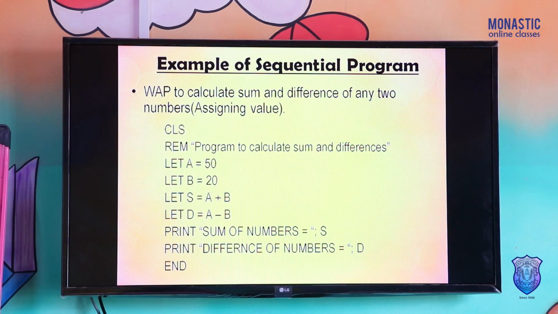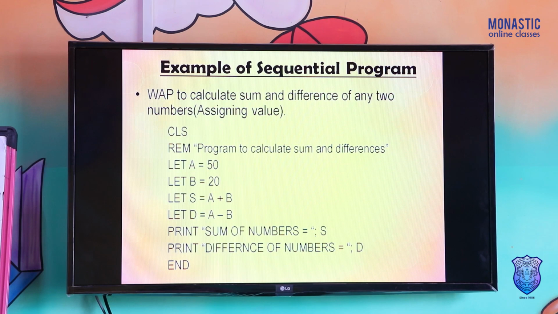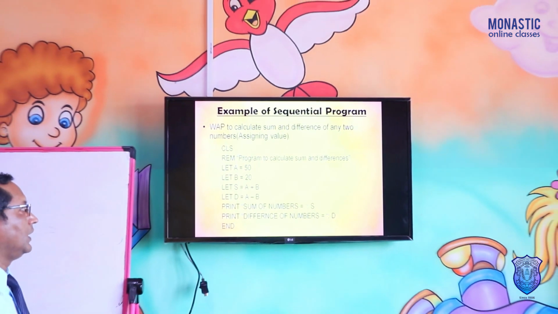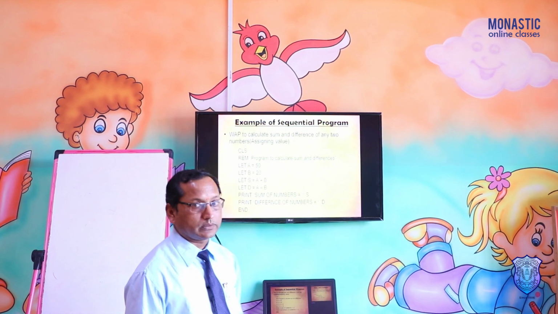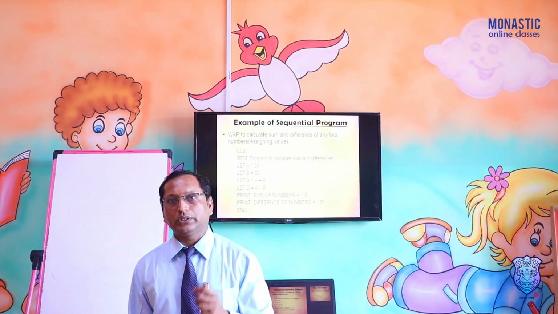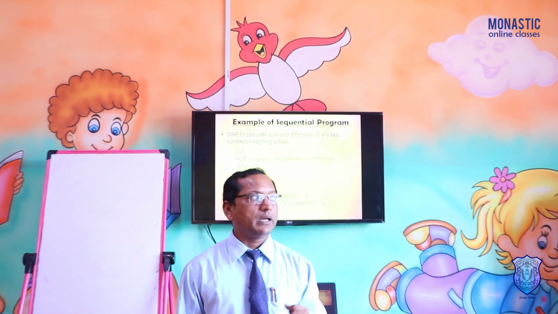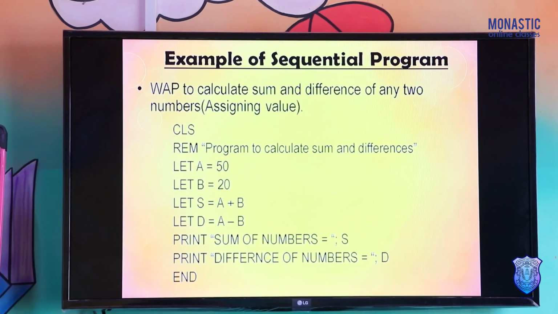For example, here I have assigned values stored in the variables A and B. But in an examination question, the value will not be given. So how to write the program?